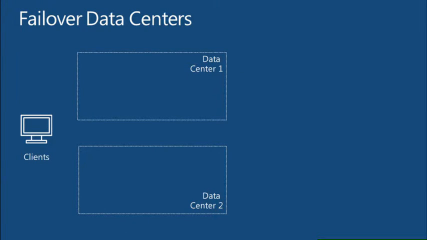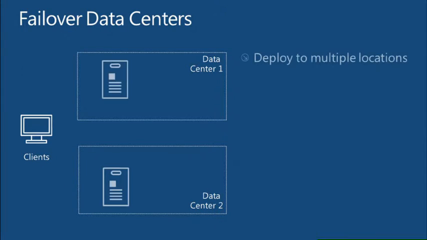Fortunately, platform as a service and cloud computing gives you a completely new possibility that might not have been feasible for you in the past, because you now have a lot of data centers at your fingertips. You have 2 data centers in every region. In Europe, we have 2 data centers, one in Dublin, one near Amsterdam. And what you could do is deploy your application to multiple data centers.